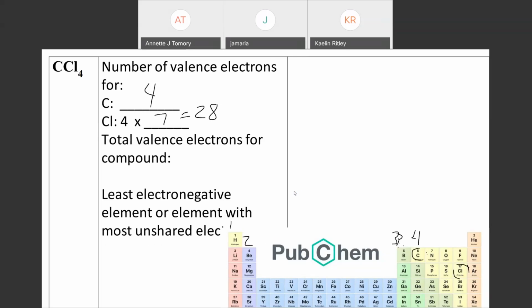All right, so what's 4 plus 28? 32. So that means there's 32 electrons total. Now, which is the least electronegative, or which do you have the fewest of? Carbon. So carbon will be in the middle. Where are the chlorines going to go? Around it.